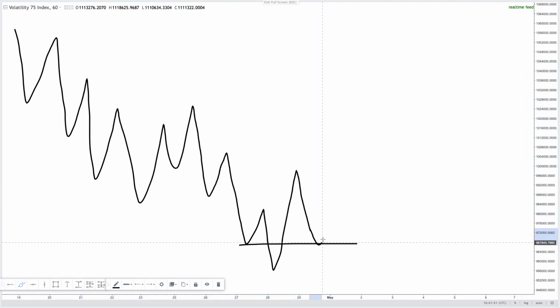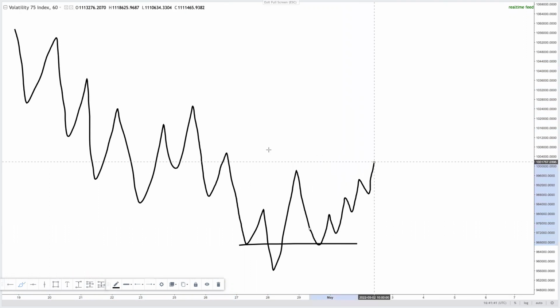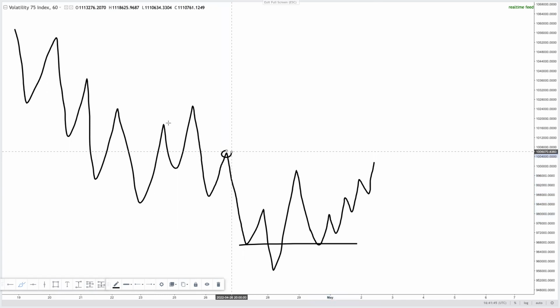So I'll be holding this trade, and while I'm holding it, I'll be expecting price to retest or break any of these structures. When I say any of these structures, I'm talking of entries, sell entries.